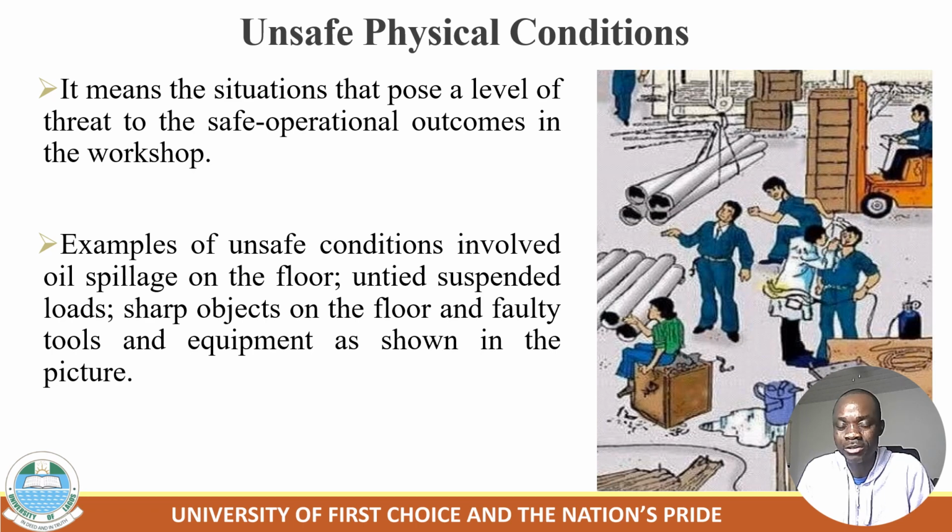This suspended load, as you see it, is not well tied. It's an unsafe condition because the pipe can fall down easily. Likewise, there is a sharp object on the floor. You look at the sharp object, a plank on the floor with a pointed nail. That's an unsafe condition. This type of thing is supposed to be removed from the floor of the workshop.